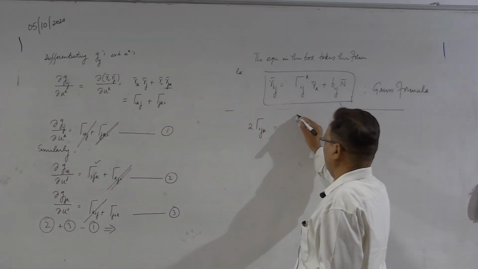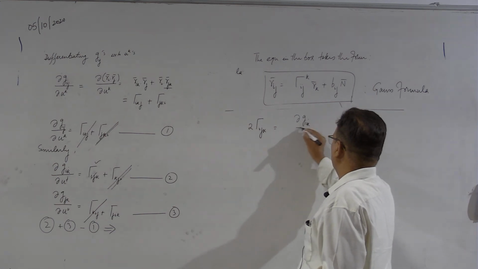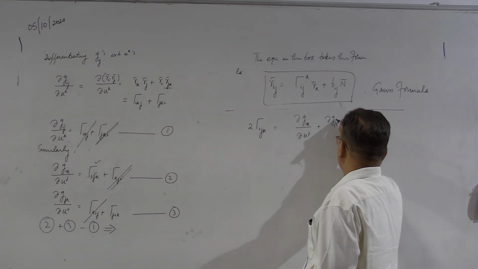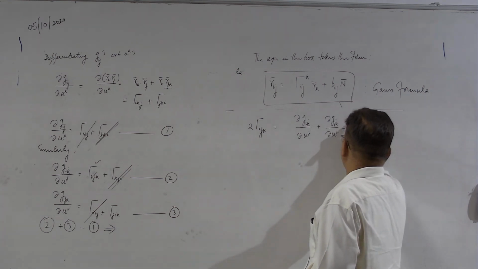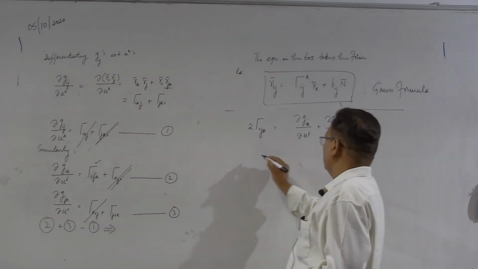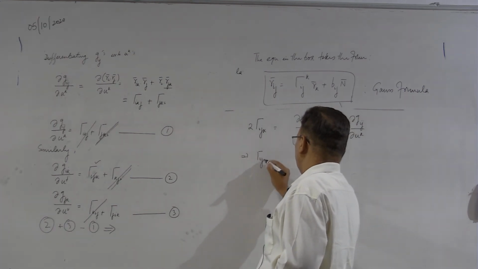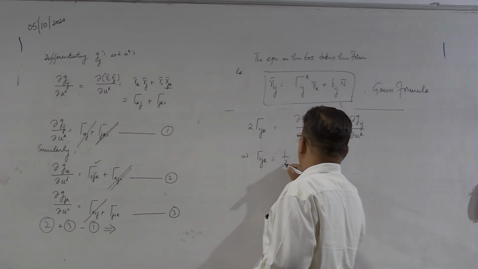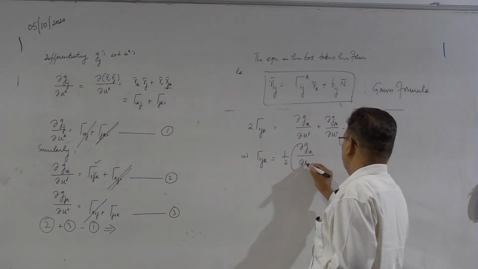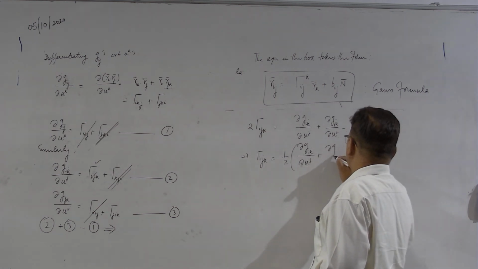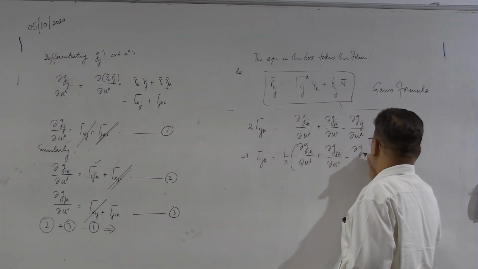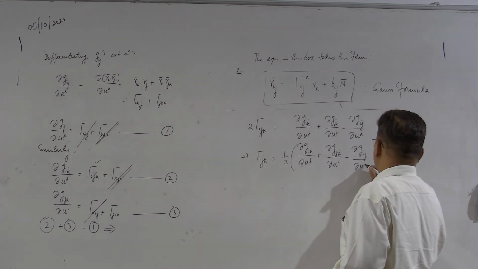So this is the derivative of g_ik with respect to u^j plus the derivative of g_jk with respect to u^i minus the derivative of g_ij with respect to u^k, and this gives me [ij,k] equal to half of the derivative of g_ik with respect to u^j plus the derivative of g_jk with respect to u^i minus the derivative of g_ij with respect to u^k.